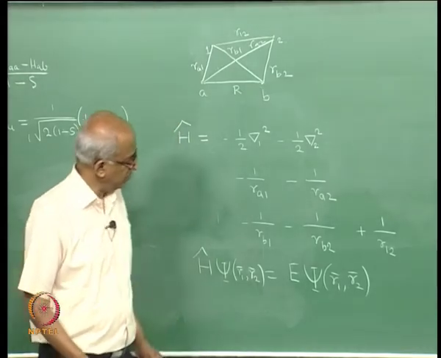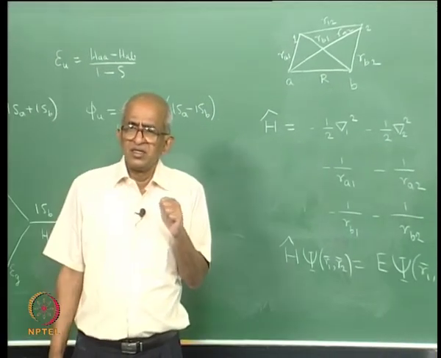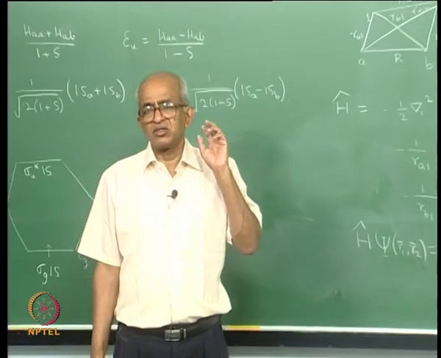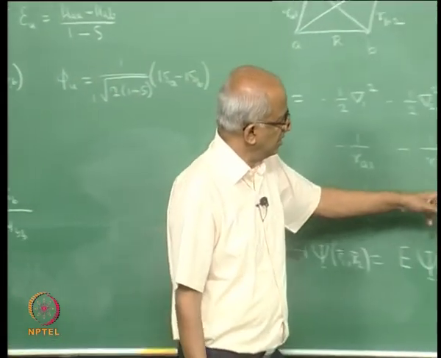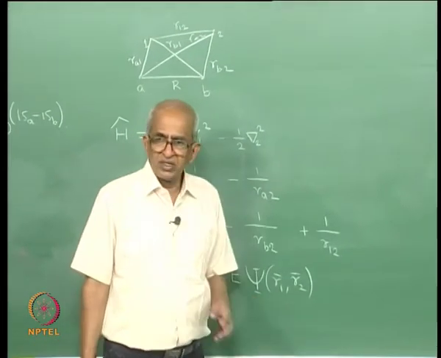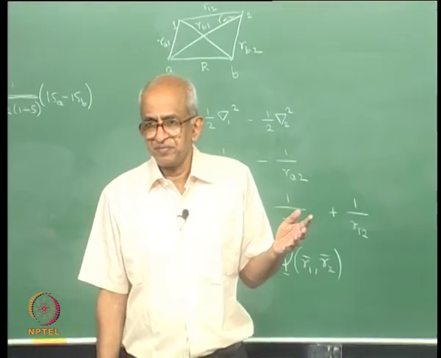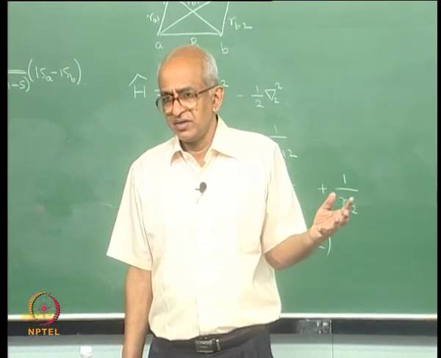And if you look at the problem, what is the term that makes life difficult? What is it that makes the solution of this equation impossible? The answer is that there is this 1 by R12, which tells you that the two electrons repel each other. This is the reason why things are difficult.